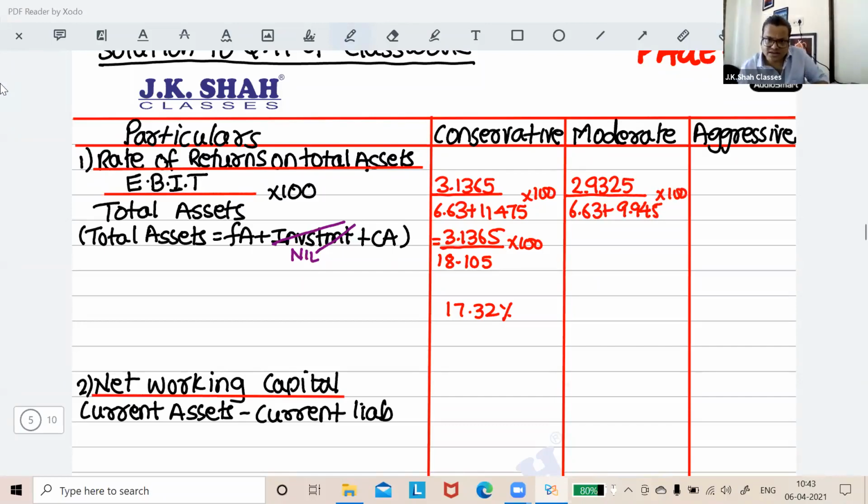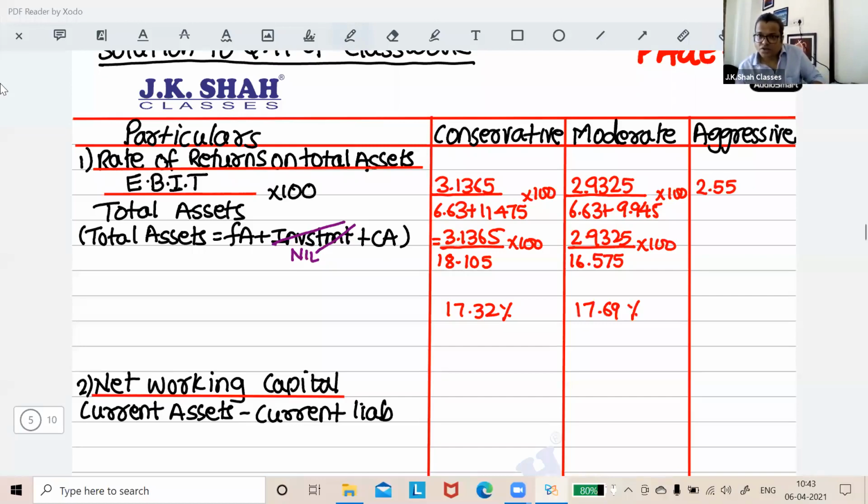Let's calculate this. 2.9325 upon 6.63 plus 9.945, 16.575. So 2.9325 divided by 16.575, 17.69%. Let's calculate for aggressive.